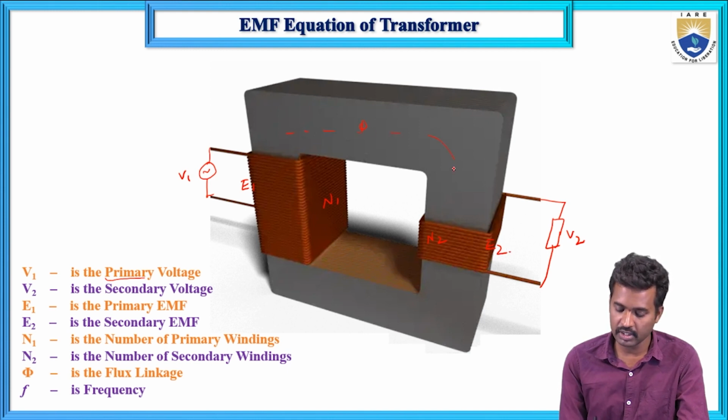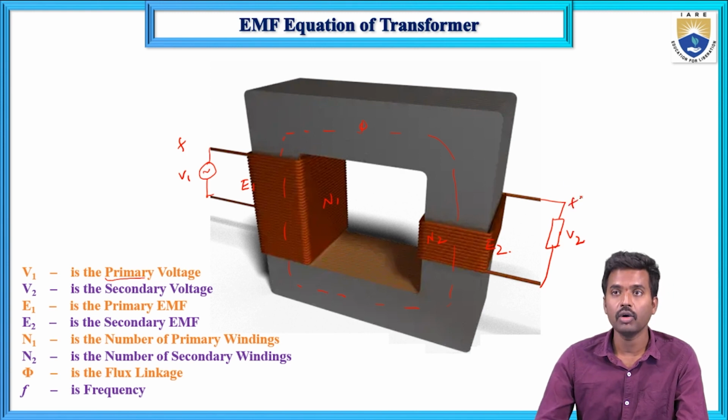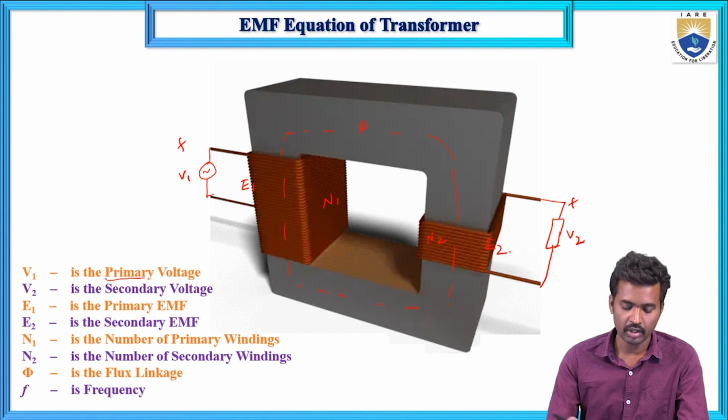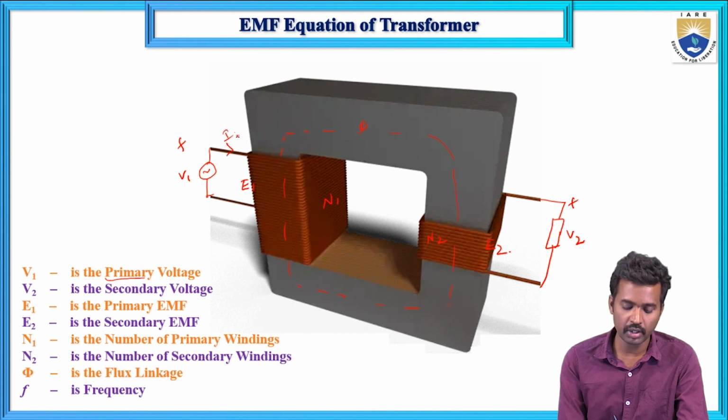Flux circulates in the transformer core, and f is the supply frequency. The load and supply frequency are the same. Now if you give the AC supply to the transformer primary winding, current flows in the winding and sets up the flux.